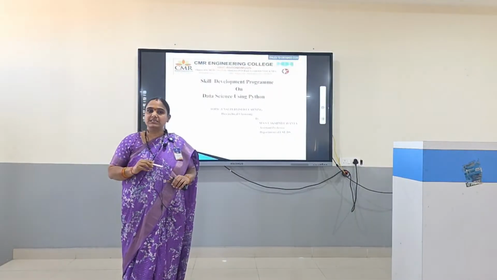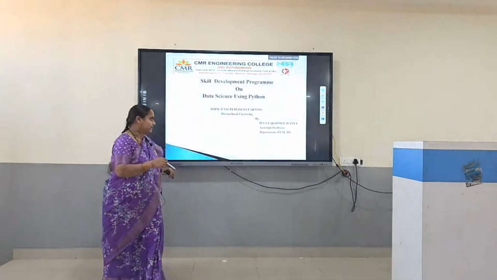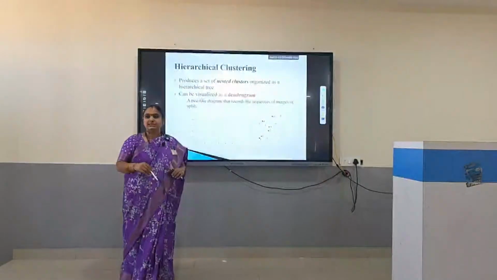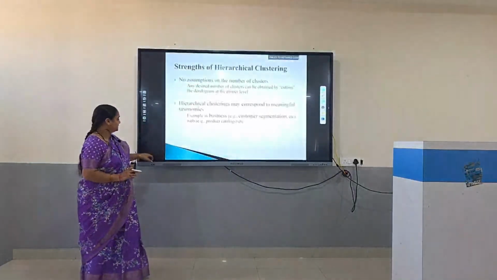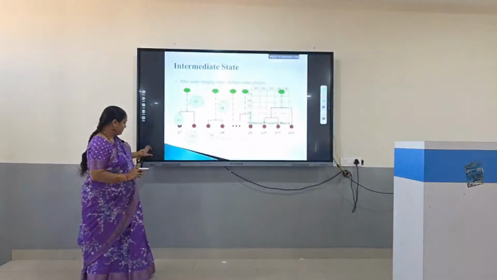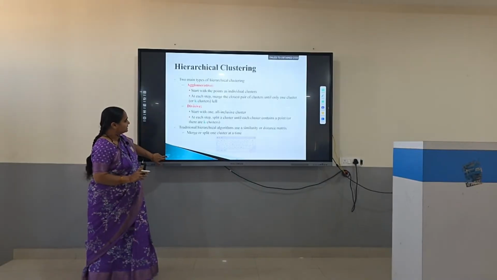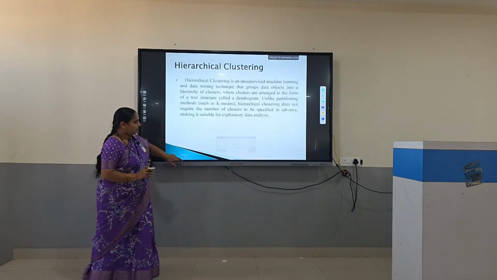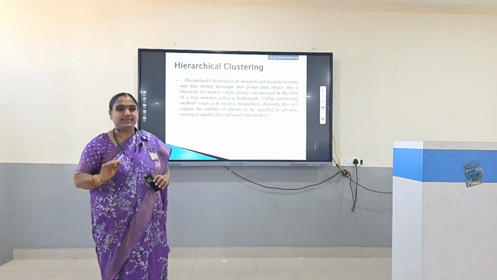In this partitioning clustering, you need to know beforehand the K value. What is this K? K means number of clusters. Beforehand you need to know how many clusters we need to divide. Whenever we are coming to hierarchical clustering, it is not needed.